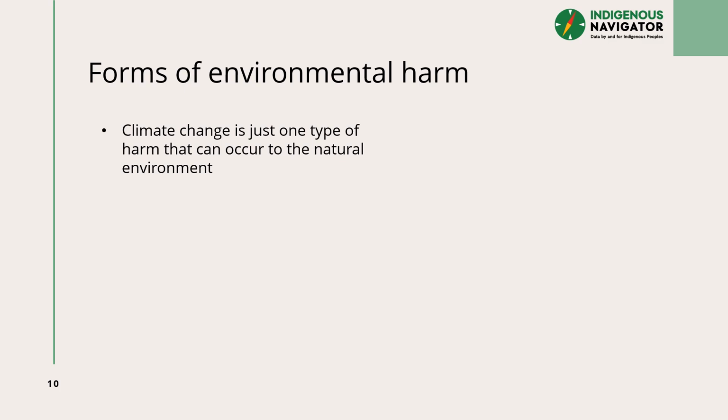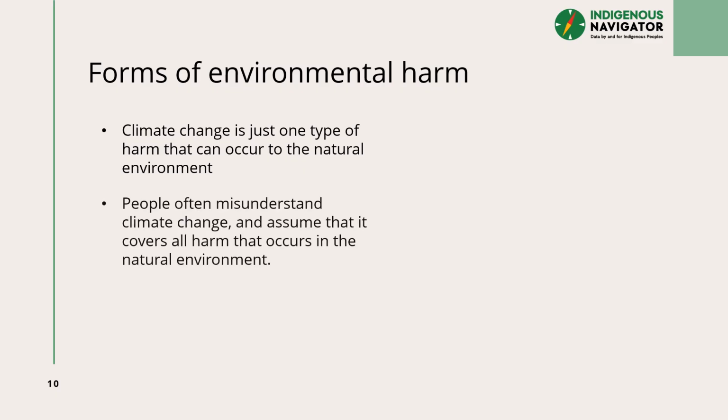Forms of environmental harm. It's important to understand that climate change is just one type of harm that can occur in the natural environment. People often misunderstand climate change and assume that it encompasses all harm to the natural environment.